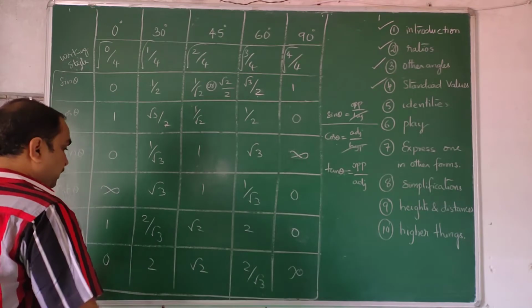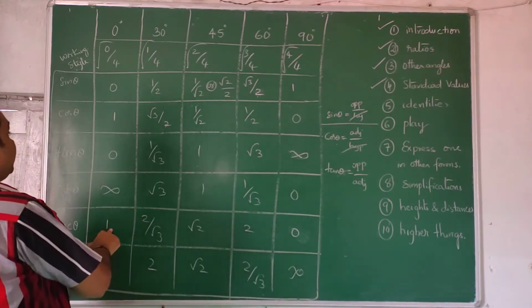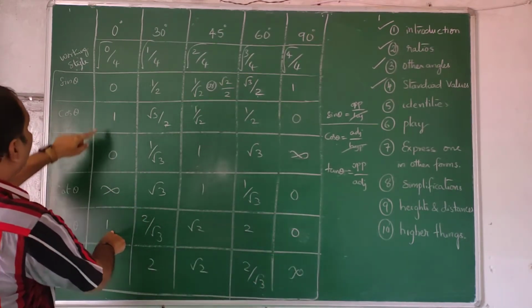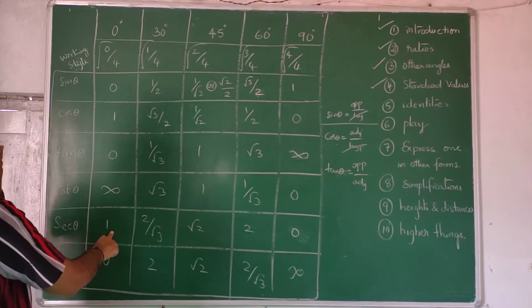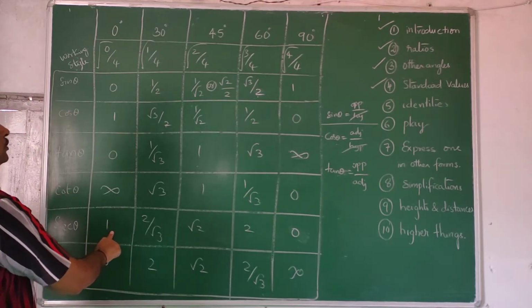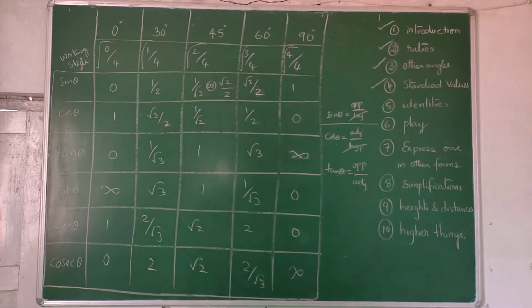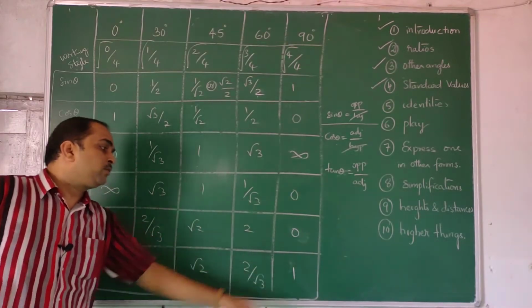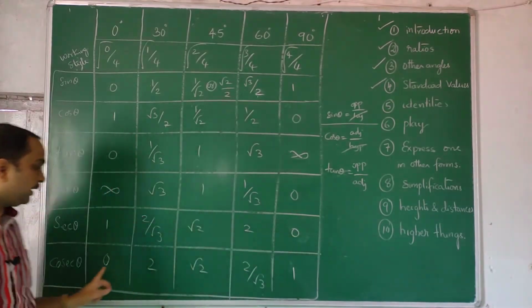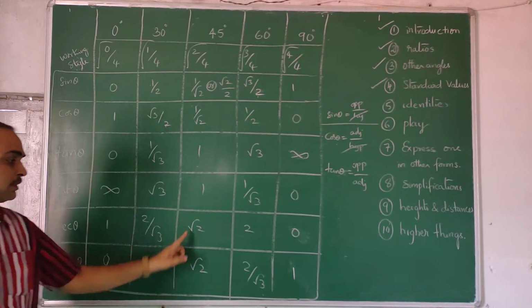So what comes here? Secant theta is what? Reciprocal of cos theta. Just a minute. Yeah, this was not infinity, this is 1. So this comes here, this comes here, this comes here, this comes here.